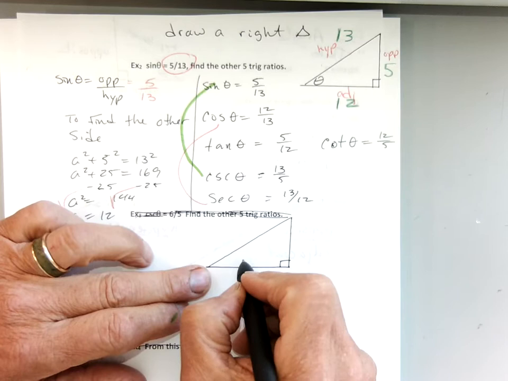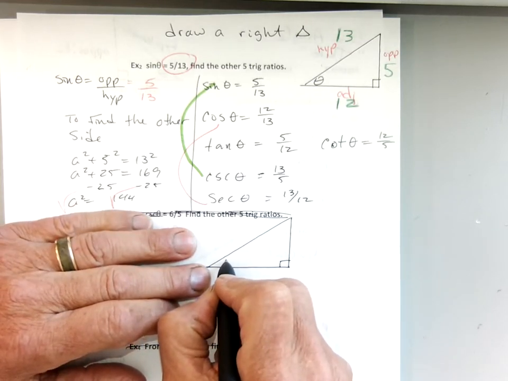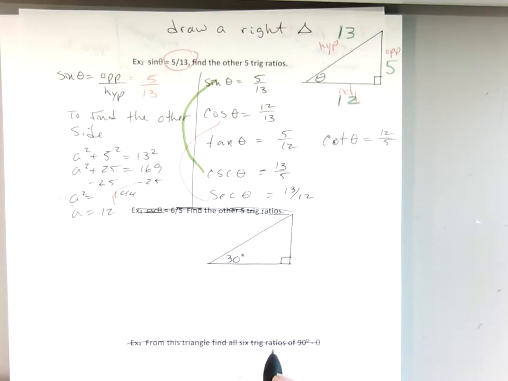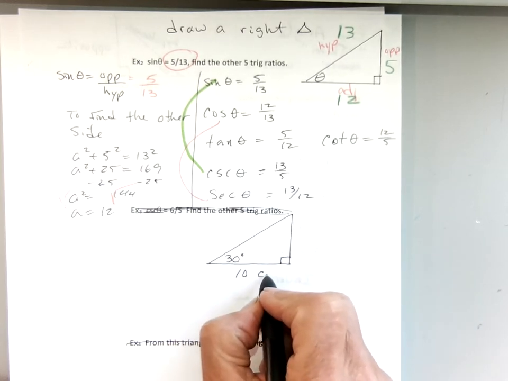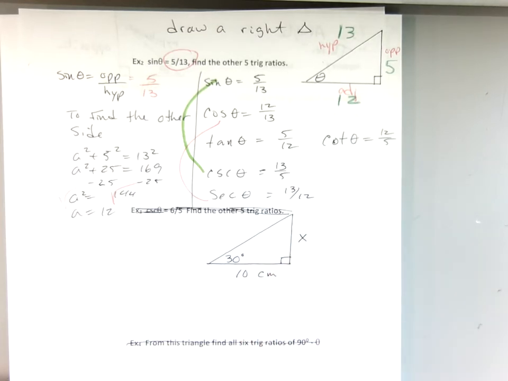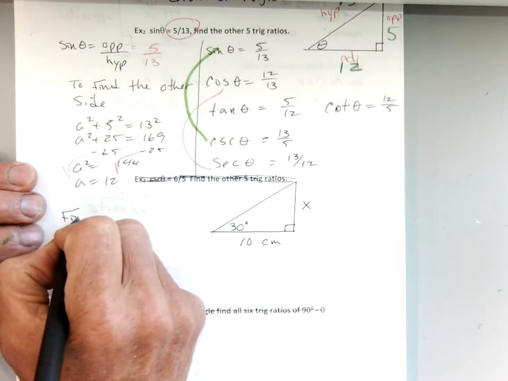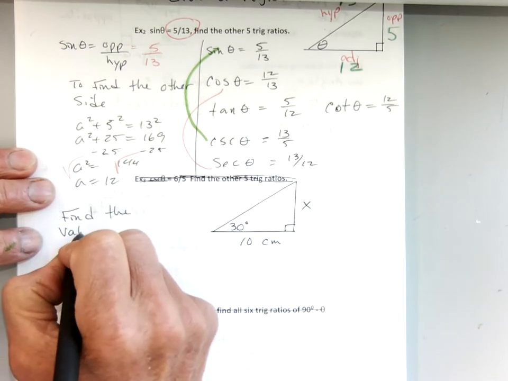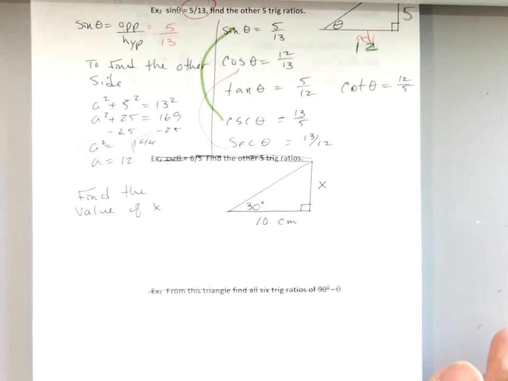If I know that this angle is, let's say, 30 degrees, and I know that this side is 10 centimeters, I could find this opposite side. So let's find the value of x, the length of this side.